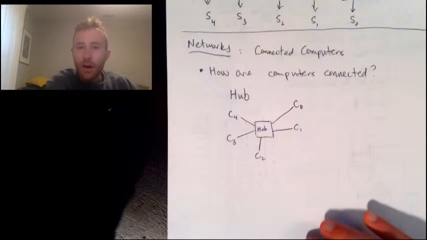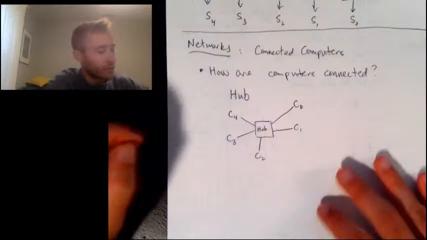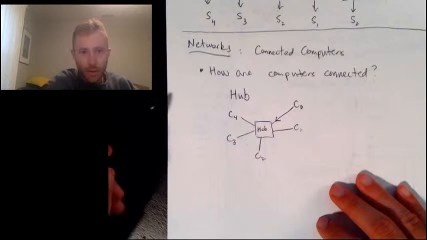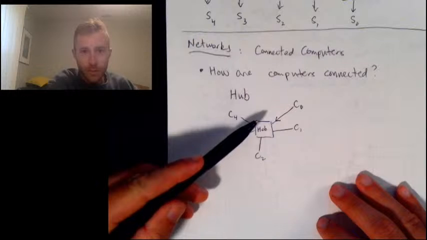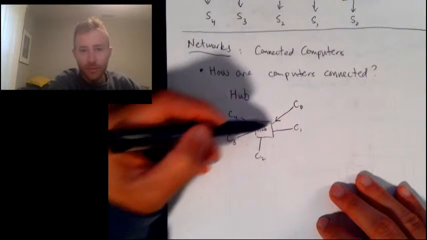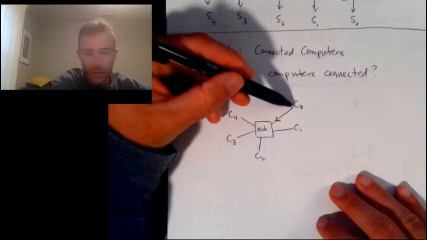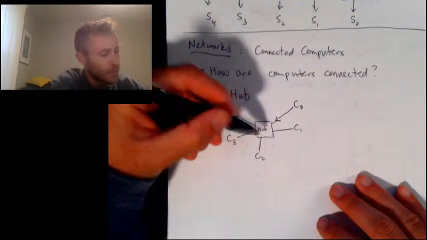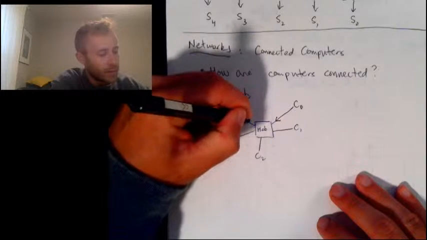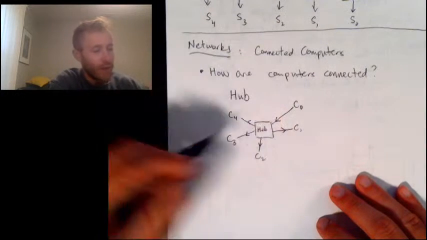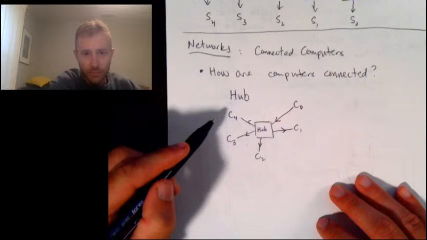The way a hub works is if C0 wants to communicate with another computer, it sends some data over either an Ethernet or Wi-Fi link to the hub, and then the hub just sends it to everything else. So everybody gets the message.